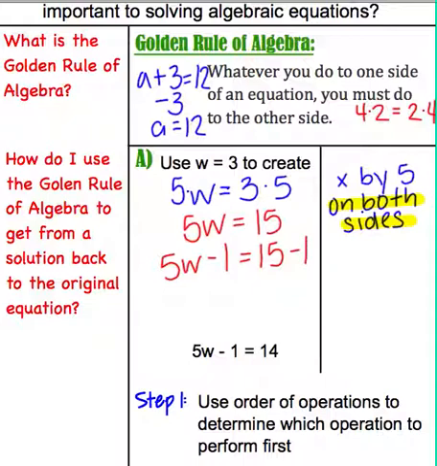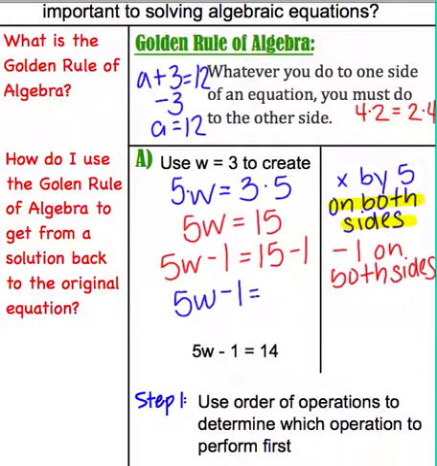So I write down subtract 1 on both sides. Notice I'm once again using the phrase "on both sides." Then finally, I simplify, and I get 5w minus 1, and 15 minus 1 is 14. Now I'm where I want to be, so I can put a little check mark to know that I've gotten there.